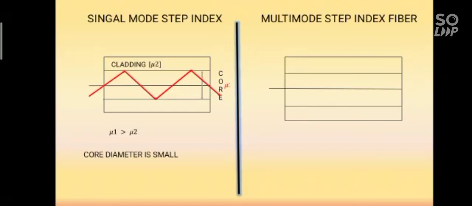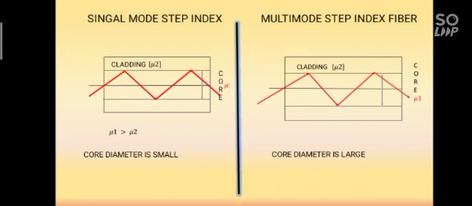In the case of multi-mode step index fiber, again we can say this is the cladding of refractive index mu2. This is the core of refractive index mu1. Now, the core diameter here is large as compared to the single mode. That's why at a time it supports many rays entering the core.